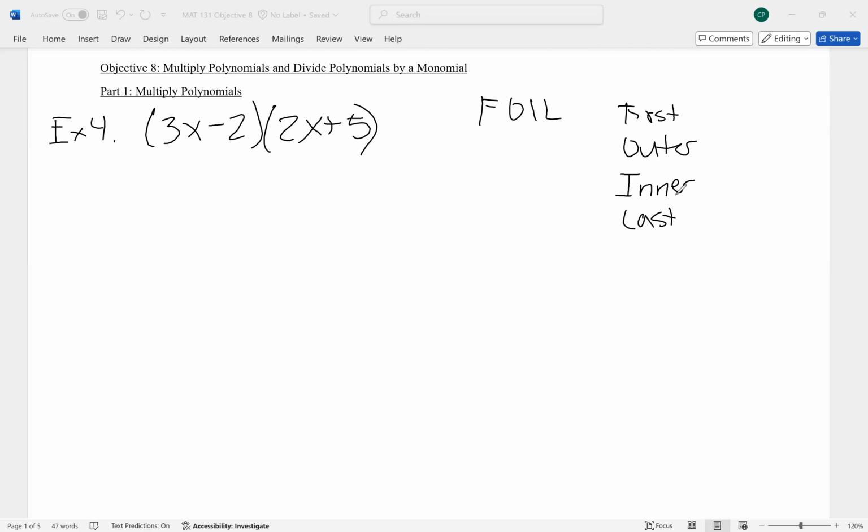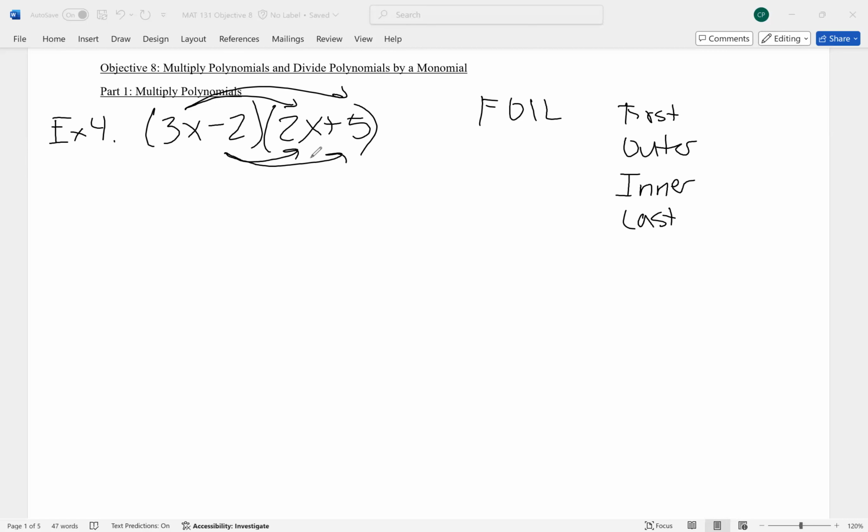Okay, it may help you to remember all that. If not, you need to remember that this first term, you're going to multiply it by both of those. And this second term, you're going to multiply it by both of those.